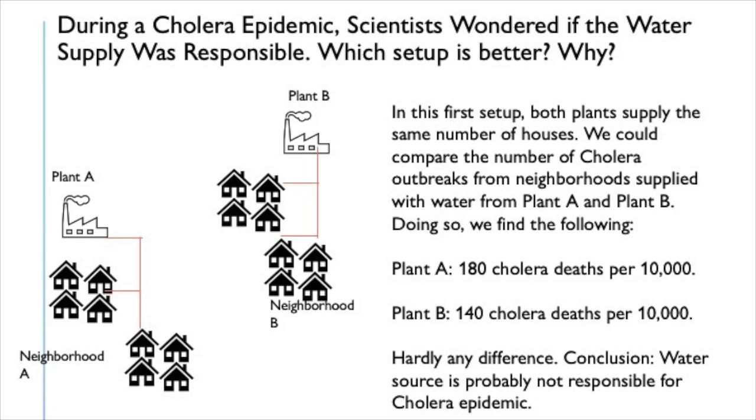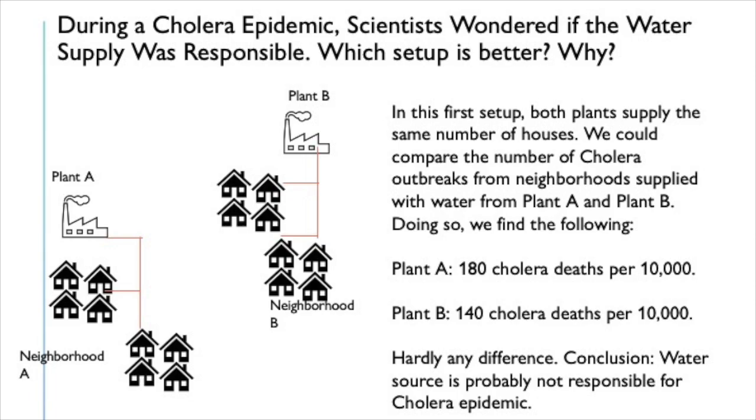So a relatively small percentage, but any percentage would be terrible. Like, we don't want any percentage of inhabitants to die. Plant B had 140 cholera deaths per 10,000. Again, it's a very small number, but when we're talking about deaths of hundreds of people, no number is desirable.